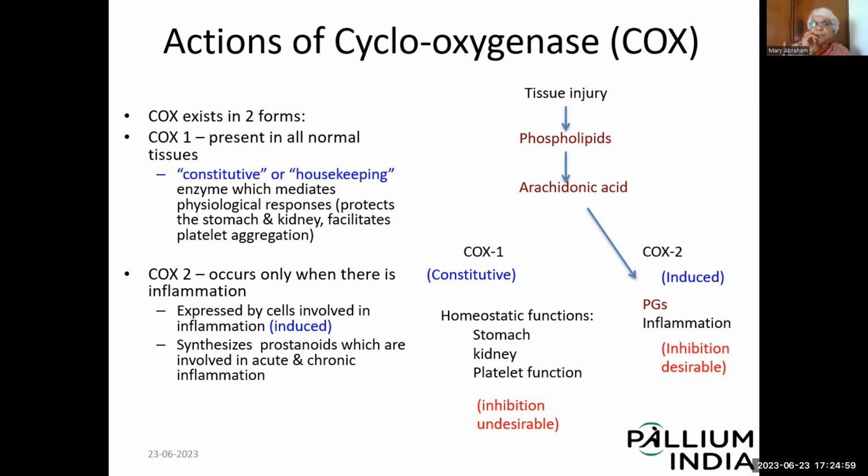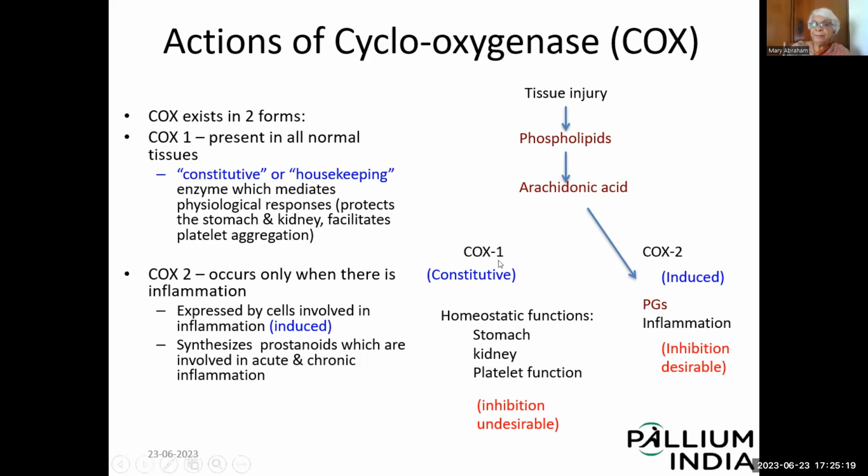In normal tissues, you have COX-1. This is the constitutive or housekeeping enzyme, which mediates the physiological responses or the homeostasis of the body by protecting the stomach, the kidney, and facilitating platelet aggregation, whereas COX-2 occurs only when there's inflammation.